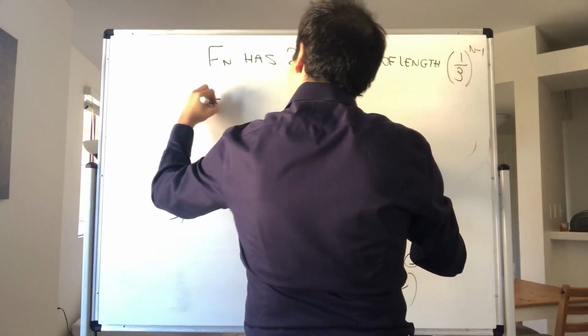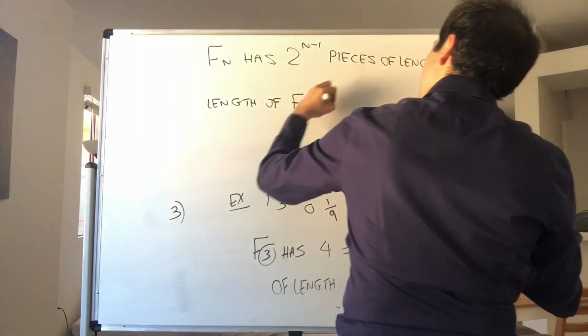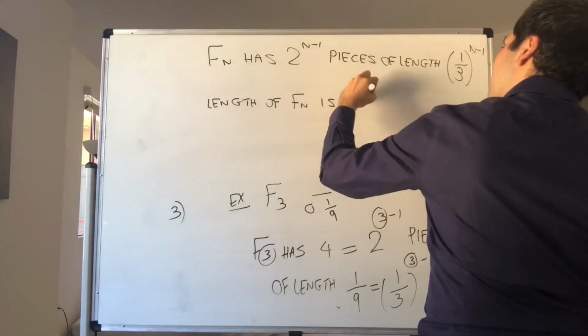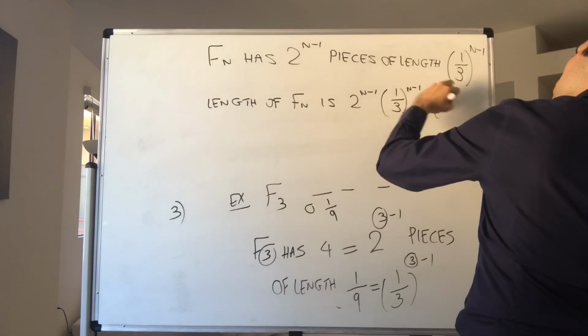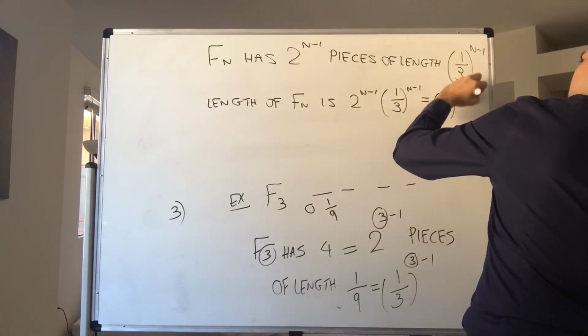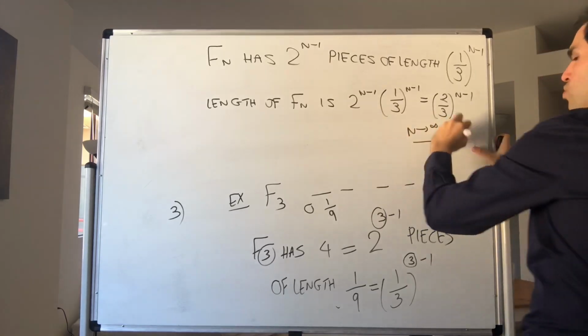So the length of Fn is 2 to the n minus 1 times (1/3) to the n minus 1, which is just (2/3) to the n minus 1. But the point is, as n goes to infinity, this goes to 0.